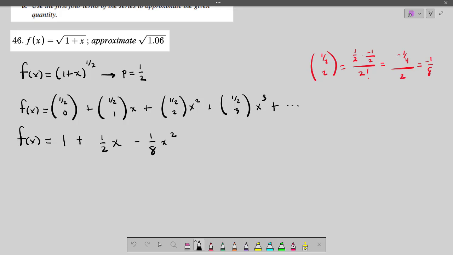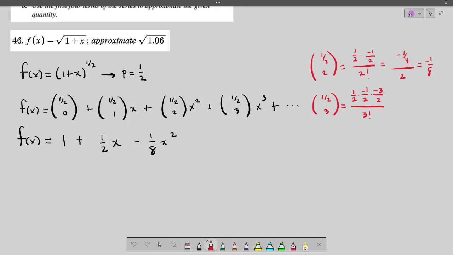Now we need a 1/2 choose 3. Same idea. We're going to do repeated subtraction by 1 until we have 3 factors. Subtract off 1, get a -1/2.